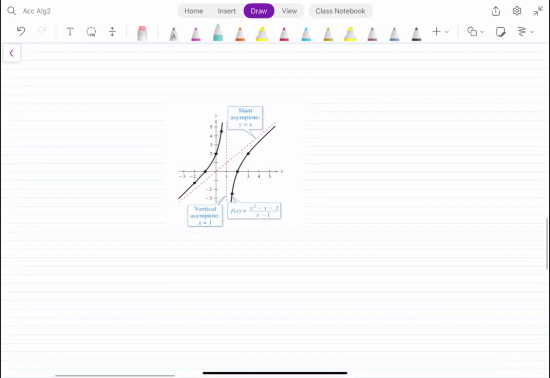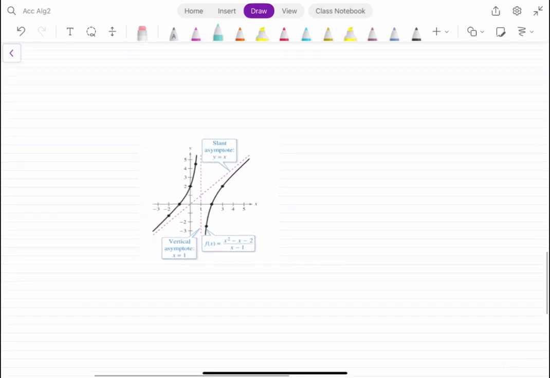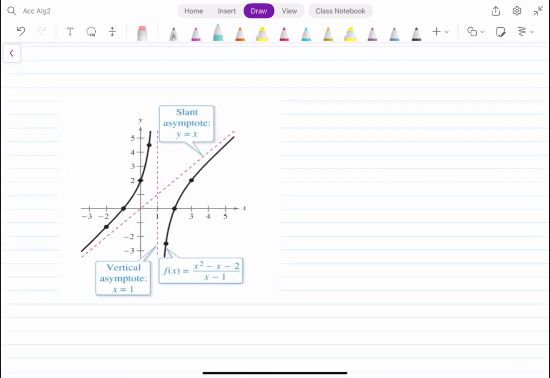Here you go. This is how the graph will be. As you can see, we have a vertical asymptote at x is equal to 1, slant asymptote at y is equal to x. And whenever we sketch the asymptote, we sketch it with a dotted line. So it is a good idea to use different color pencils to show specifically where the asymptotes are. So this is how the graphing of the functions will look like for the rational function.